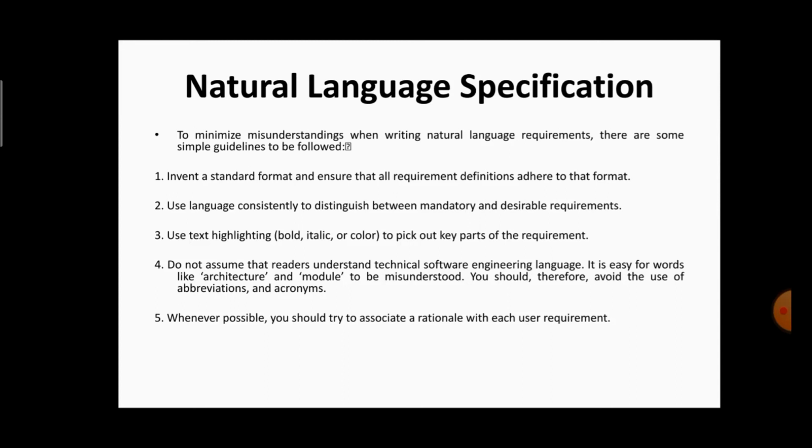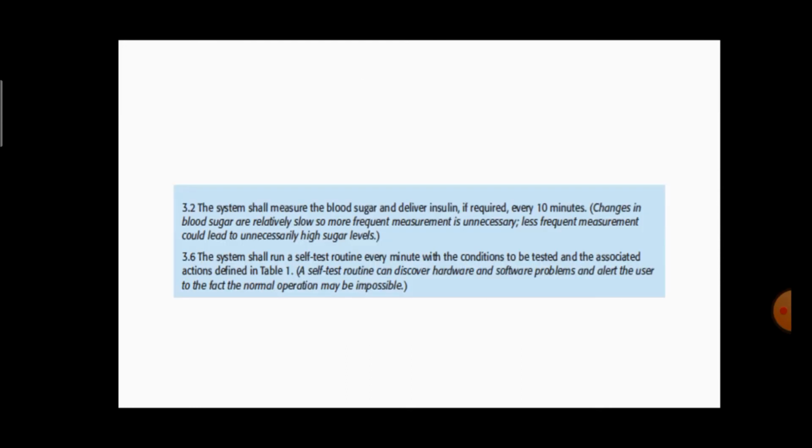So you should avoid the use of abbreviations, because if a technical user is there, he can understand the abbreviations. But what about the non-technical user? That's why you should not assume that. So if you follow these guidelines, obviously, you can avoid some misunderstanding while writing the natural language specification.